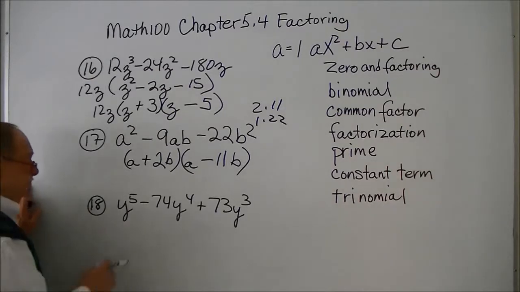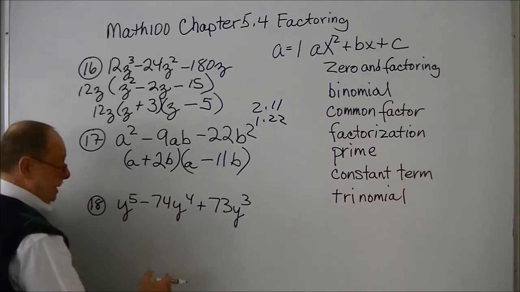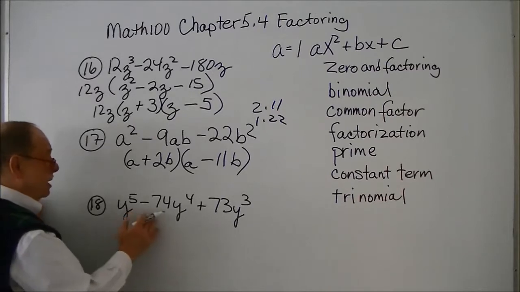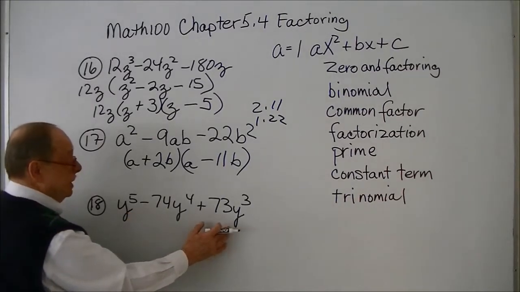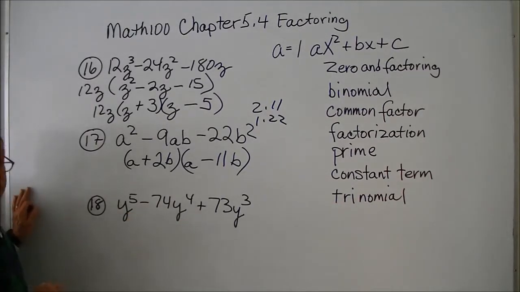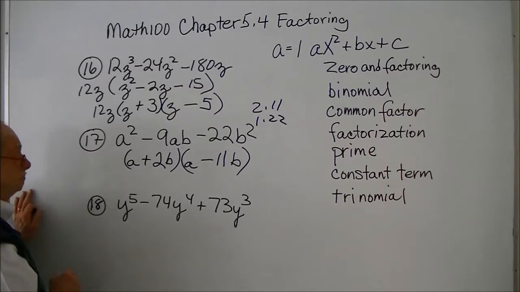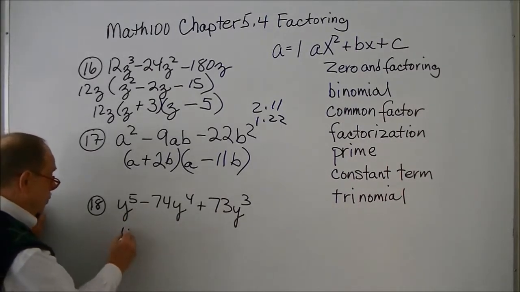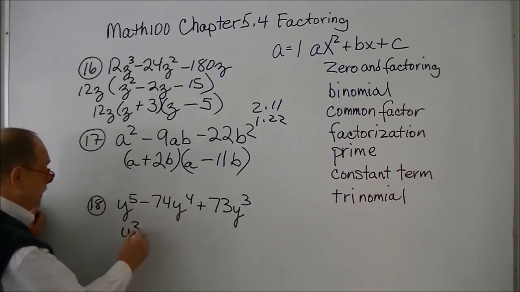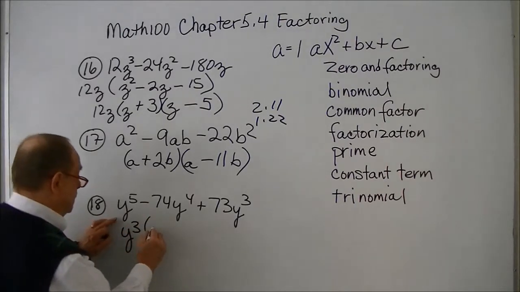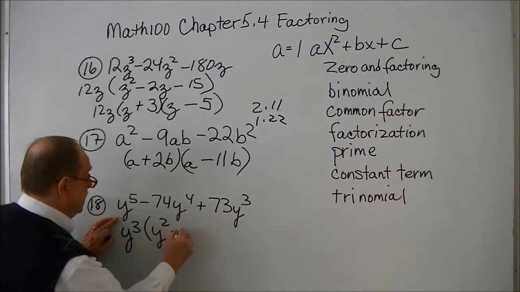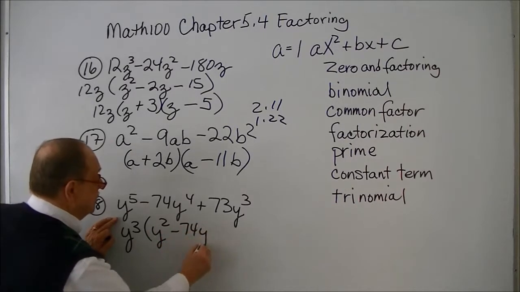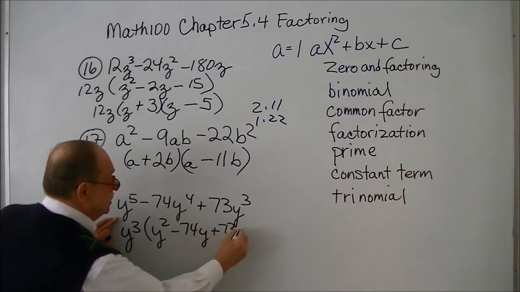Number 18, standard form, yes. Any common factor, yes. What is it? Something about the y's, yes. Y to the third, and then you're left with y squared minus 74y plus 73.